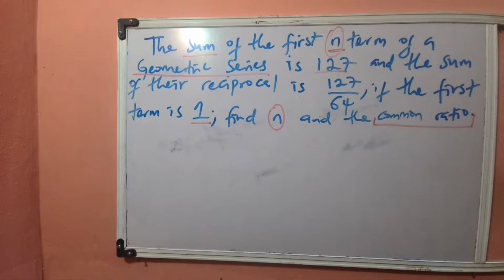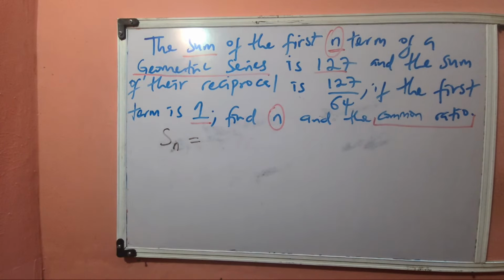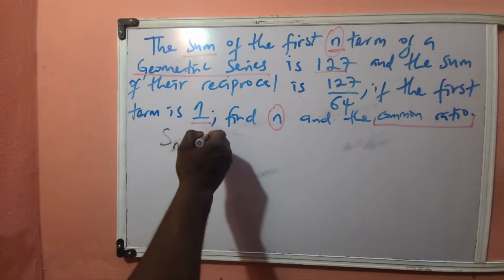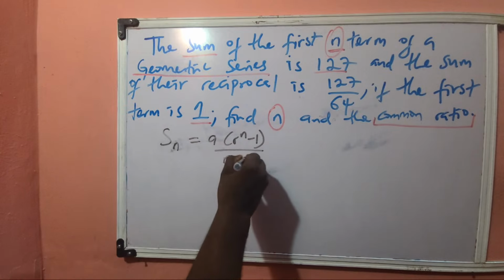And I'm sure we all agree, if I write it this way, that the sum of the n term is given as A times R^n minus 1 over R minus 1.